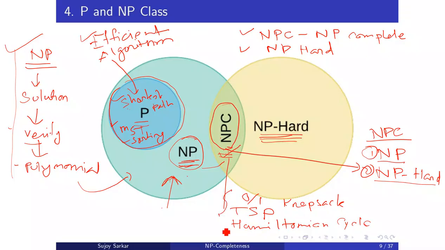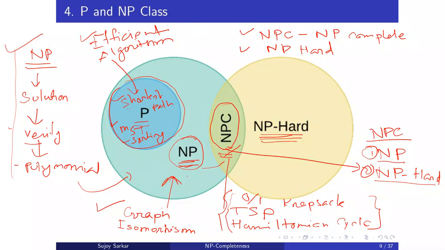These lie in NPC. And then there are some problems like graph isomorphism, which are NP, but we don't know any polynomial time solution, though they are not as hard as problems like TSP or Hamiltonian cycle. And we'll see one problem can be reduced to another. Here we cannot do that.